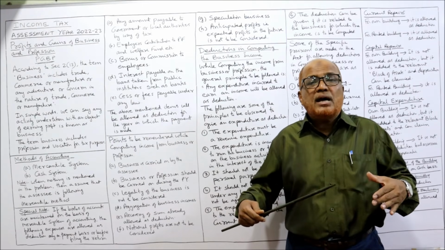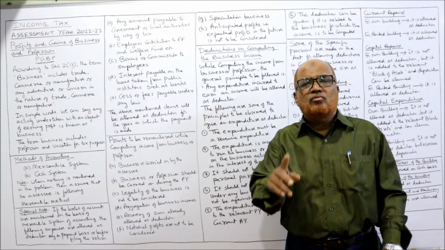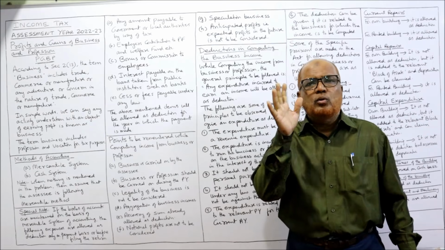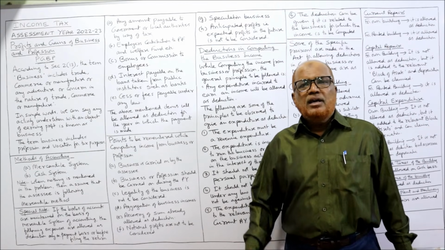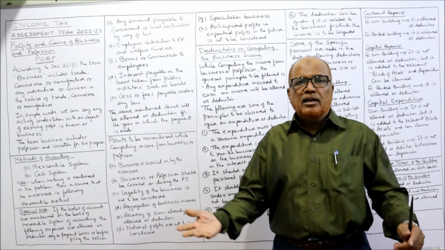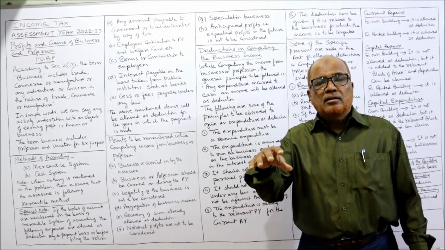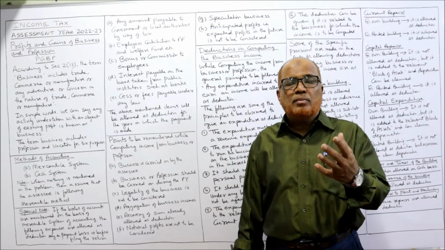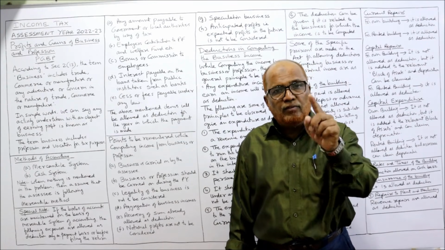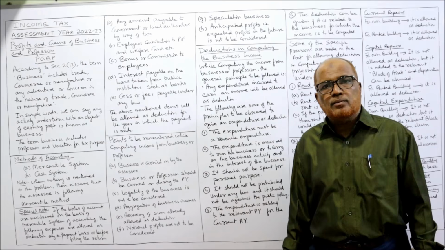But from income tax point of view, Income Tax Act says whatever income you earn, we will put to tax. For example, if a person is smuggling, smuggling is prohibited. So if a person is doing smuggling, then Income Tax Act will ask how much income you have earned in smuggling. We will put the tax on your smuggling income also.